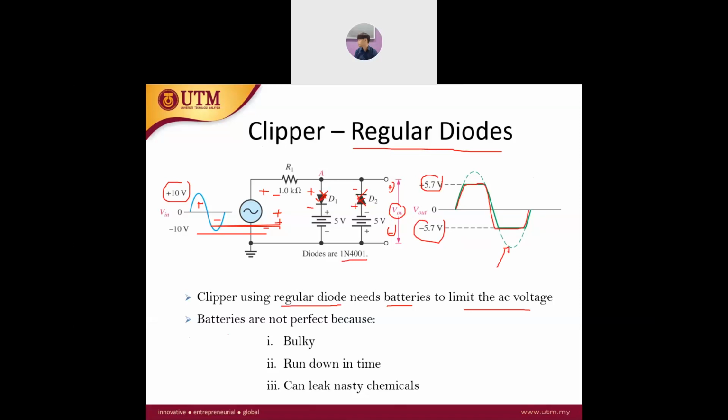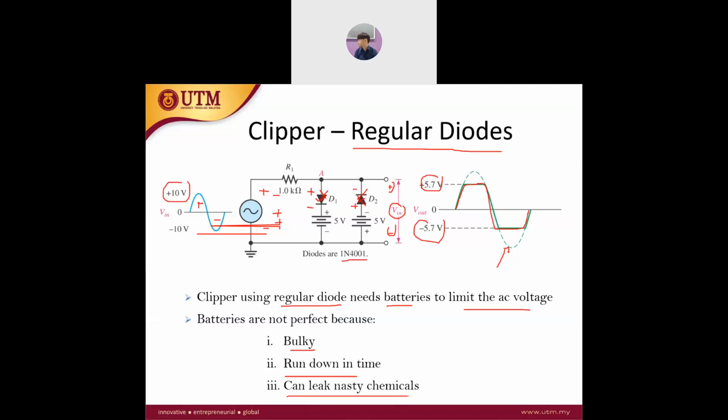Batteries are not perfect for limiting the AC voltage, for many reasons. One is that they are bulky, meaning we have additional bulky components in the circuit, and they run down over time. They can also leak nasty chemicals.